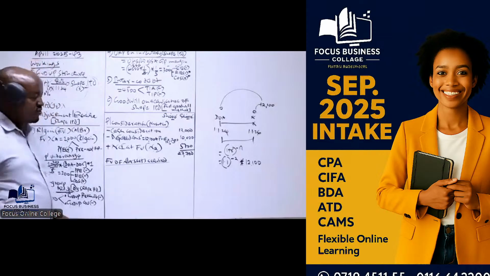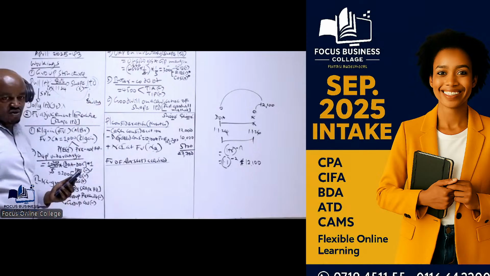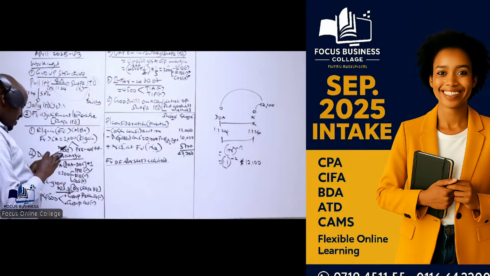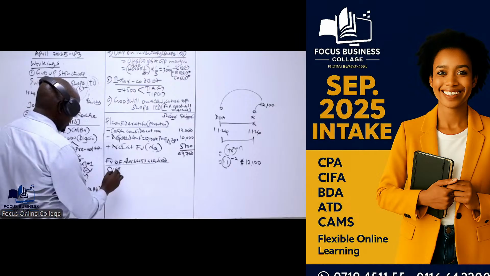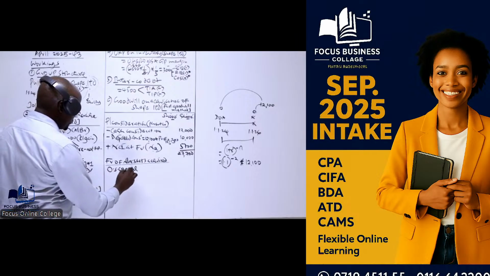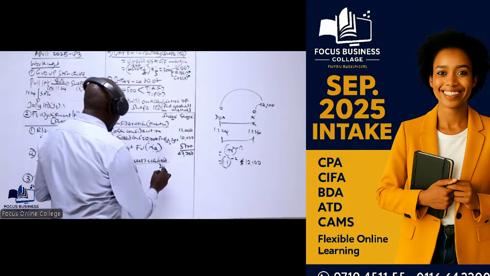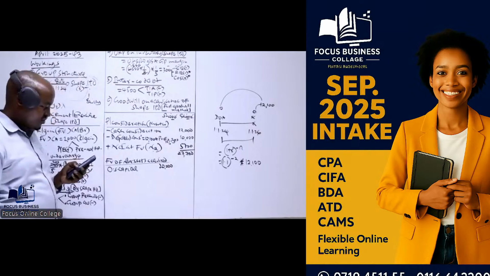So what we do, we go to the balance sheet of this company, specifically at the equity. So let's go to the statement of financial position of ON at the equity. The first item we consider here is the ordinary share capital of ON, which is an amount of 20,000.